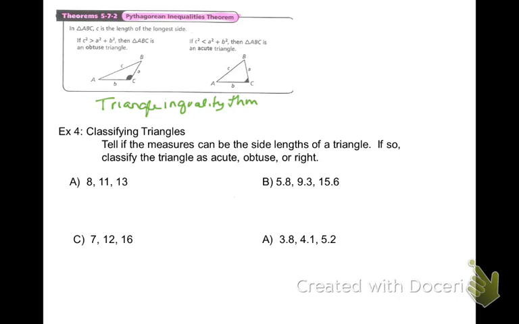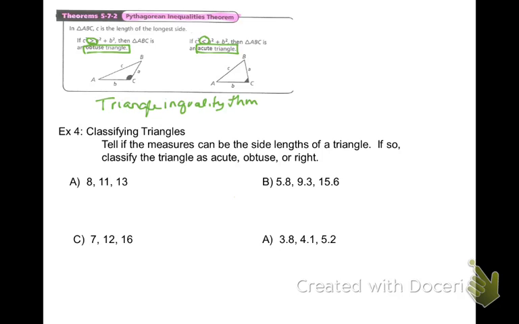Now we're going to check and see if it's obtuse, acute, or a right triangle. So if I look at this, if c squared is greater, then it's an obtuse triangle. If c squared is less than, then it's an acute triangle.